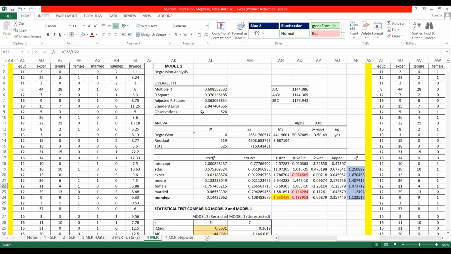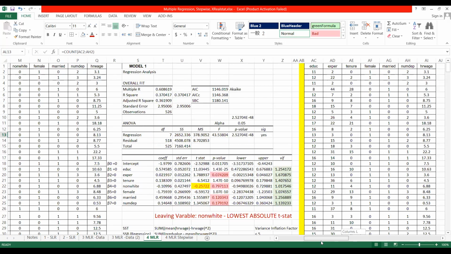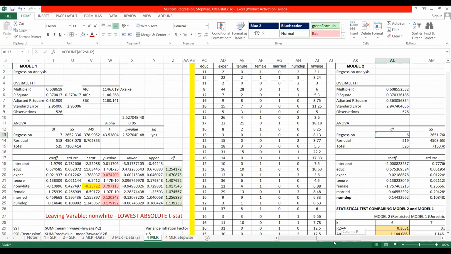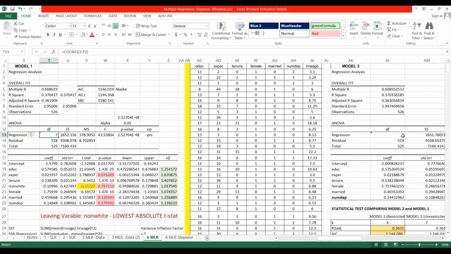Okay, so you have this one, the correlation, and then you have the R squared, adjusted, AIC, etc. Then yung degree of freedom na regression natin, kanina 7, ngayon 6 na lang.